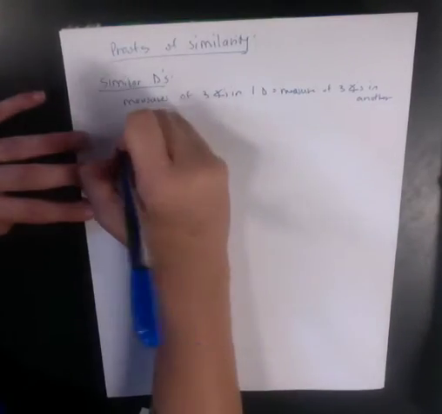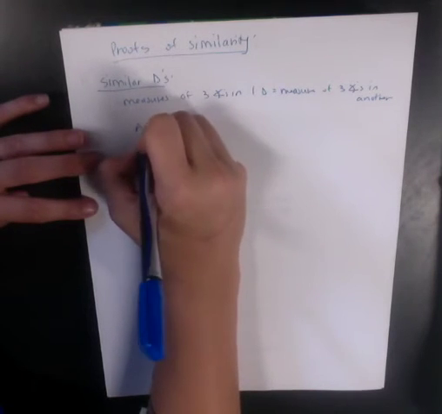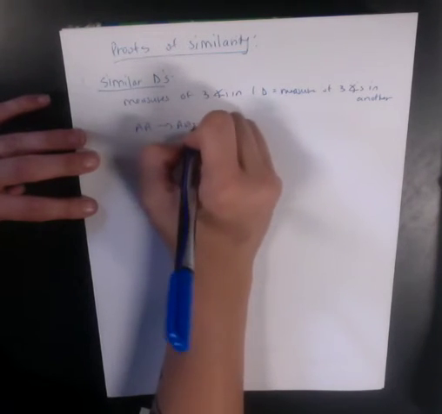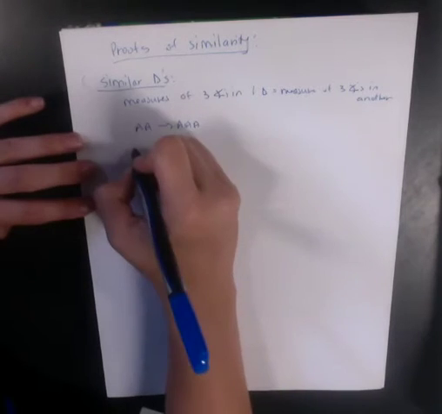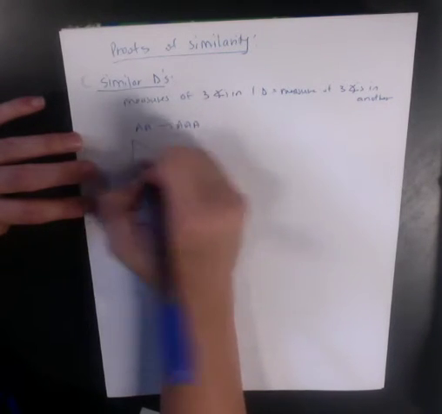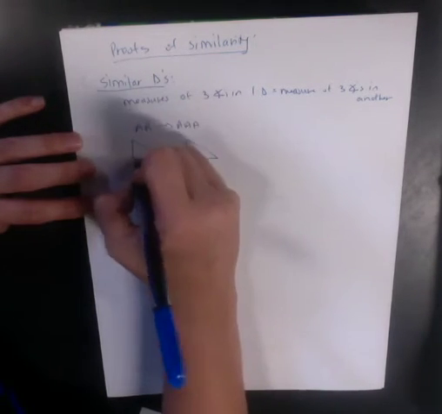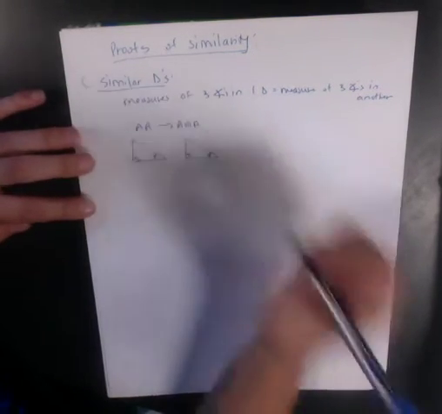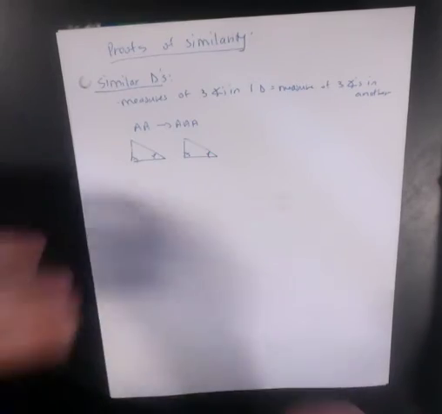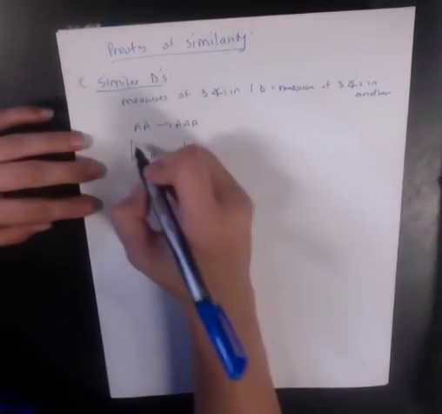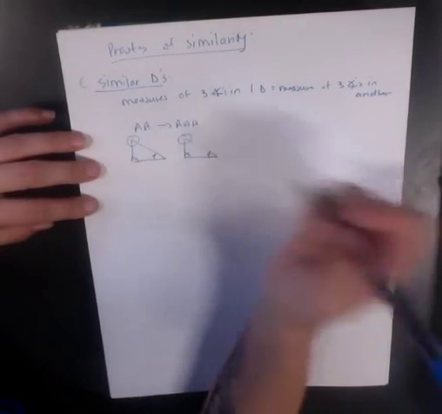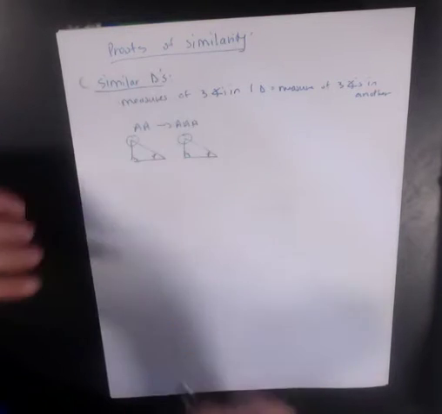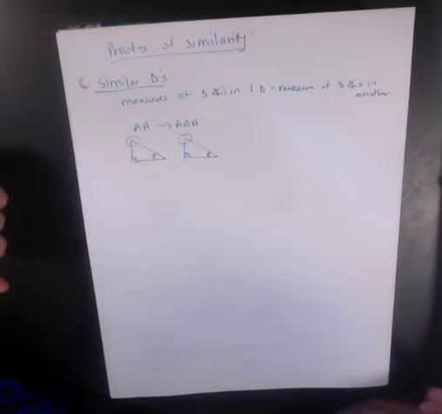Okay, now our notation is we say that angle, angle implies angle, angle, angle, right? If I had this triangle and this triangle, and I said those two angles were similar, and those two angles were similar, okay, I can therefore say those two angles are similar because angle, angle implies angle, angle, angle.